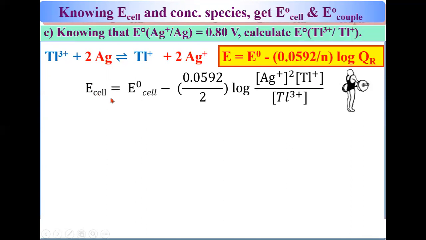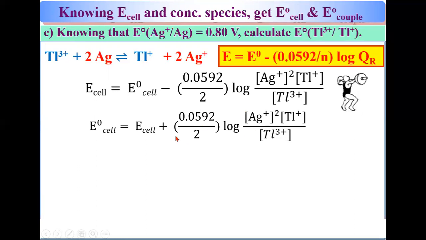Okay, so E of the cell is E naught of the cell minus 0.0592 divided by the total number of electrons transferred for the cell, times log of products divided by reactants. And here are your products, each to the stoichiometric number. And that's it.